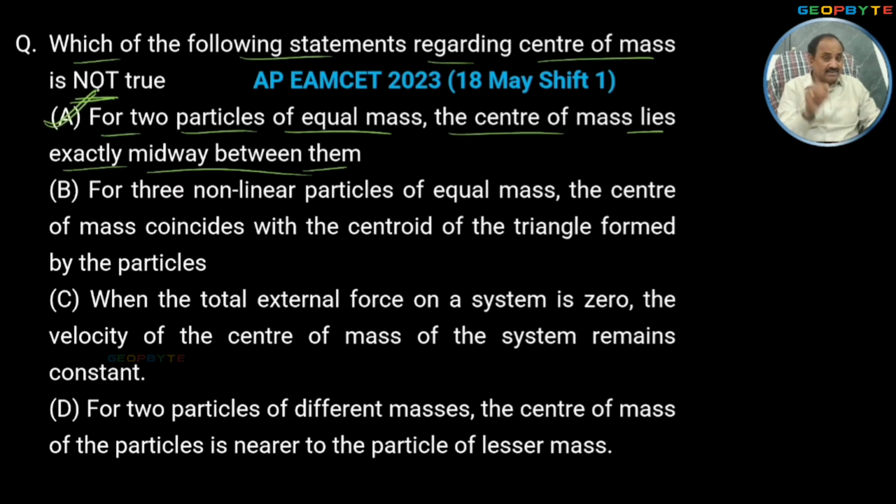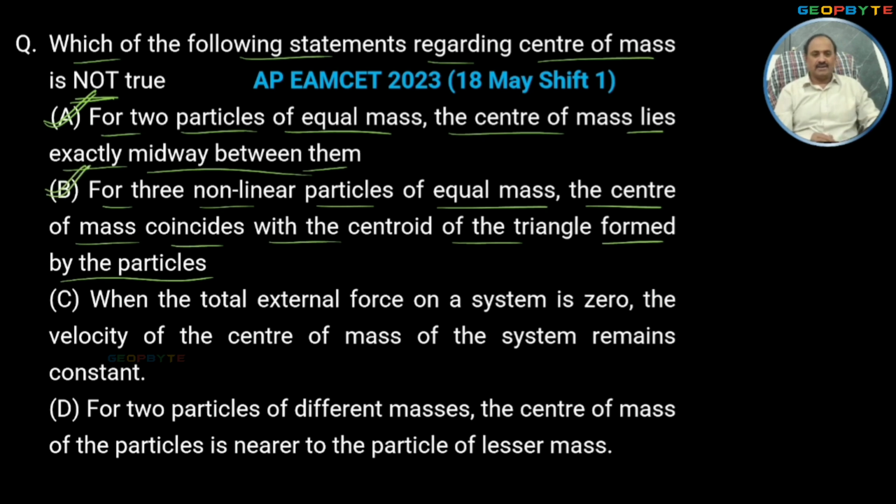Absolutely correct. That is the correct statement, but that is not our option. Incorrect statement is our option. Similarly, look at B. For three non-linear particles of equal mass, the center of mass coincides with the centroid of the triangle formed by the particles. That is also an absolutely correct statement, but that is not our option.